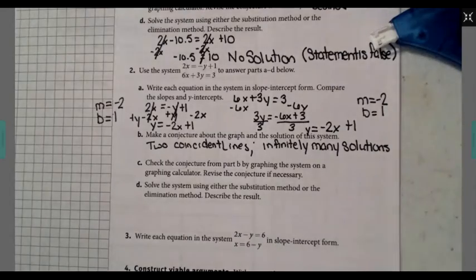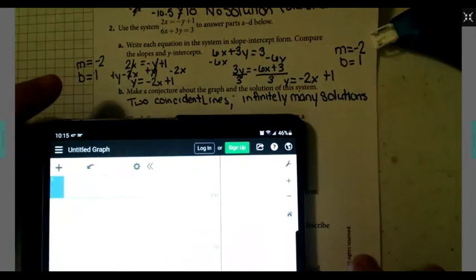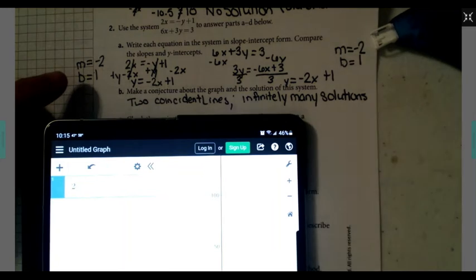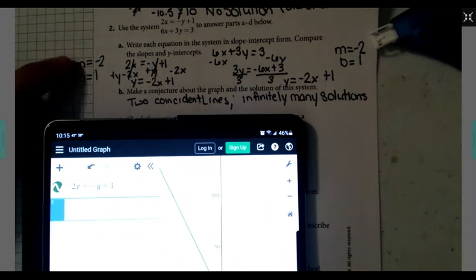Part C says, check the conjecture from Part B by graphing the system of equations. All right. Even if I plug in the original equations, which was 2x equals negative y plus 1, and this one was 6x plus 3y equals 3.